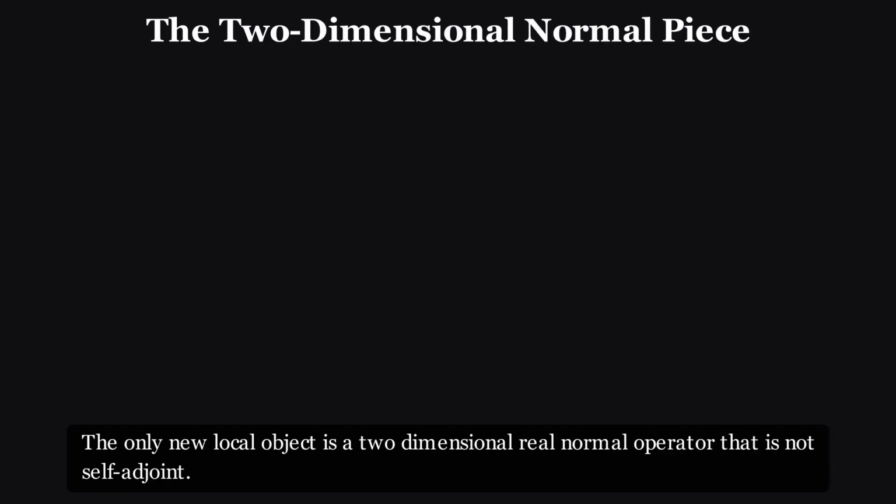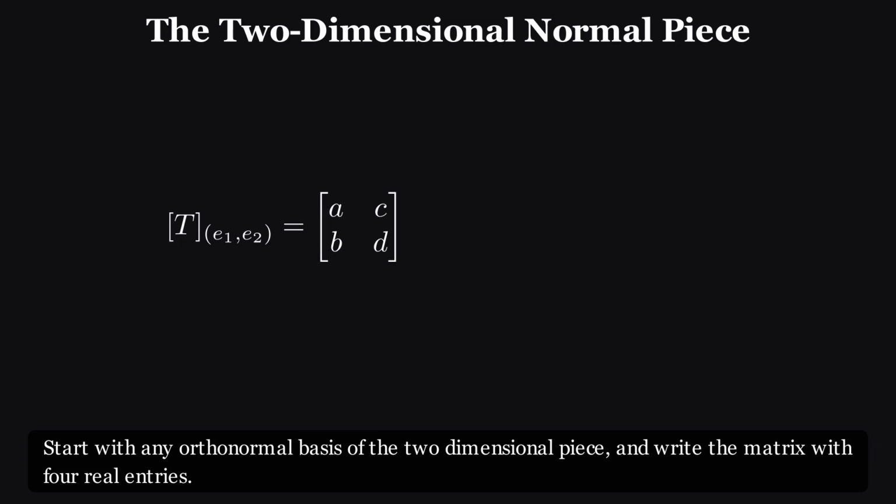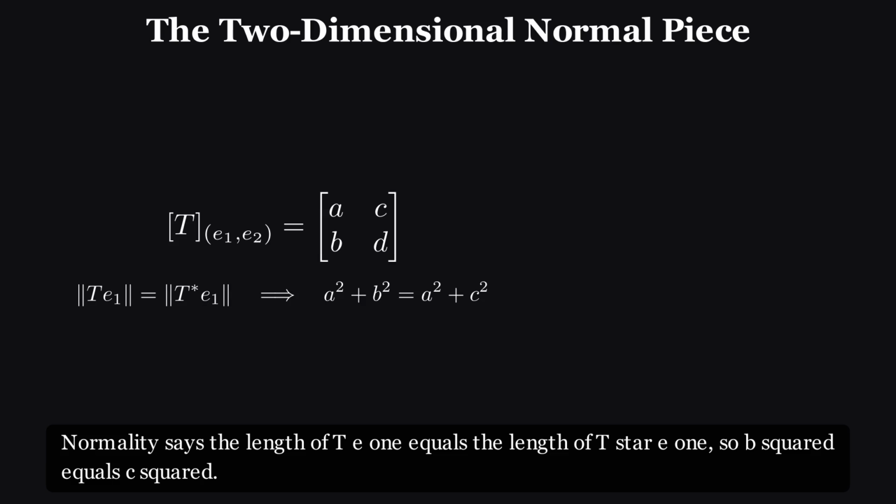The only new local object is a two-dimensional real normal operator that is not self-adjoint. Start with any orthonormal basis of the two-dimensional piece, and write the matrix with 4 real entries. Normality says the length of T(e1) equals the length of T star e1. So b squared equals c squared.